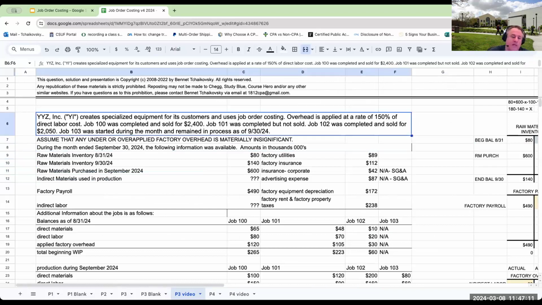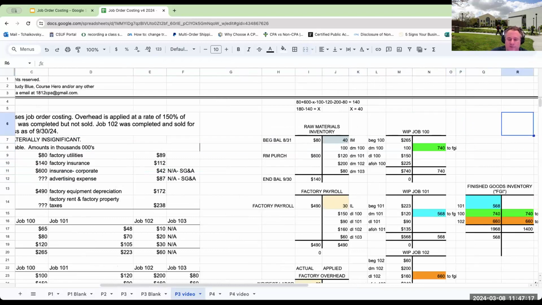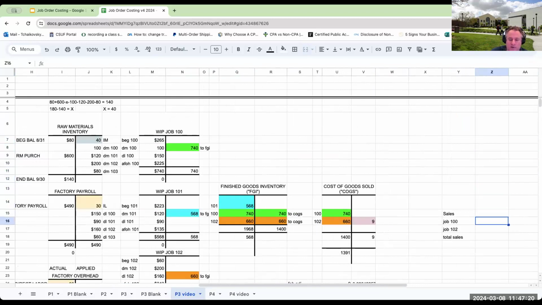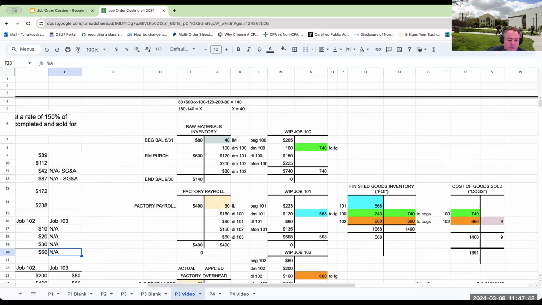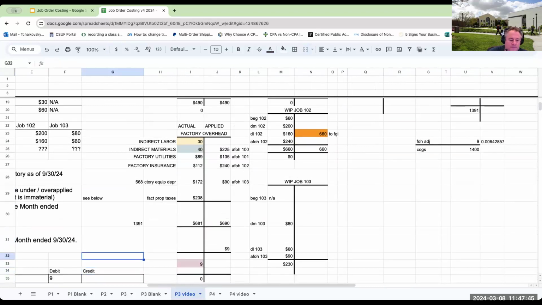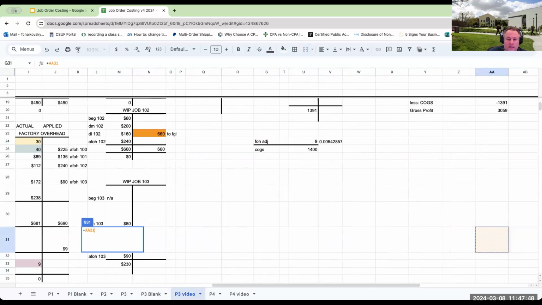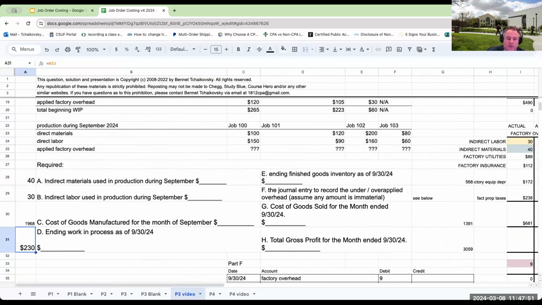Job 101 was completed and sold for 2,400, and job 102 was completed and sold for 2,050. So my total sales is 4,450, less cost of goods sold. My cost of goods sold was 1,391. Therefore, my gross profit is going to be 3,059. So my gross profit for the month ended is going to be 3,059.